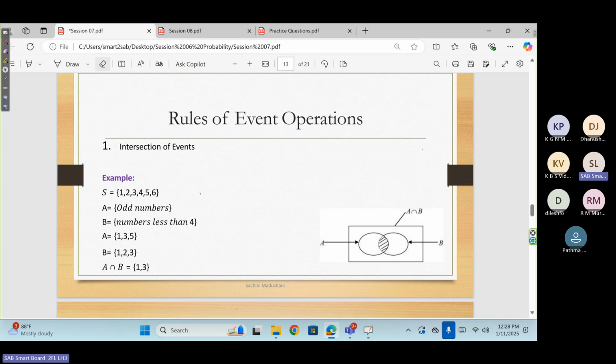Then we use circles to denote events, event A and event B. Then we write A intersection B. Intersection means common.